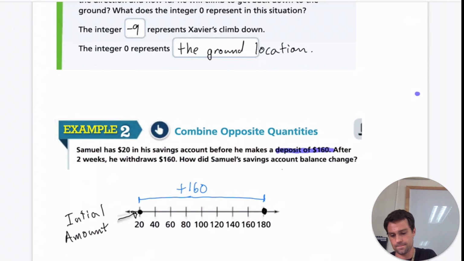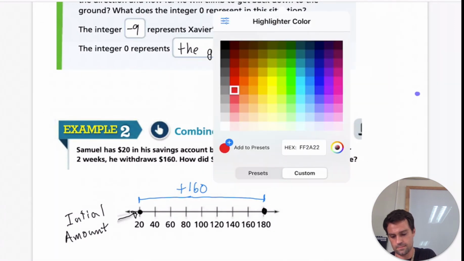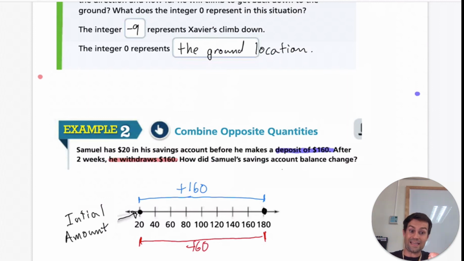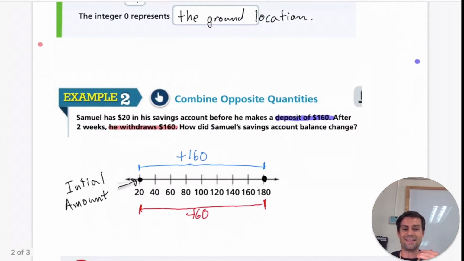However, 2 weeks later, he withdraws $160. So then we can see that he is withdrawing $160, so we are taking that out. Withdraw means taking it out, $160. So he is then back to $20 as his final amount. So how has it changed? It hasn't changed. It's the same.